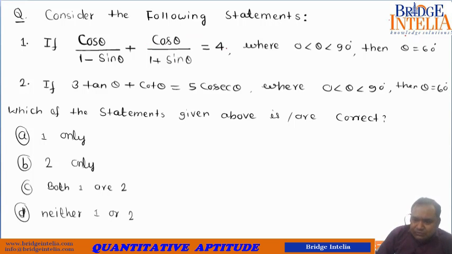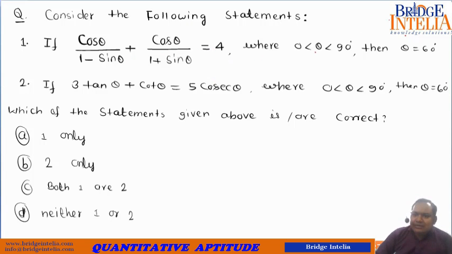If this is true, then theta must be equal to 60 degrees. So they are making a claim. You have to verify that claim. You don't have to solve this. You have to simply identify whether the given statement is true or not. This becomes quite easy, because if you simply substitute theta by 60 degrees, then you can easily verify whether or not the given information is correct.